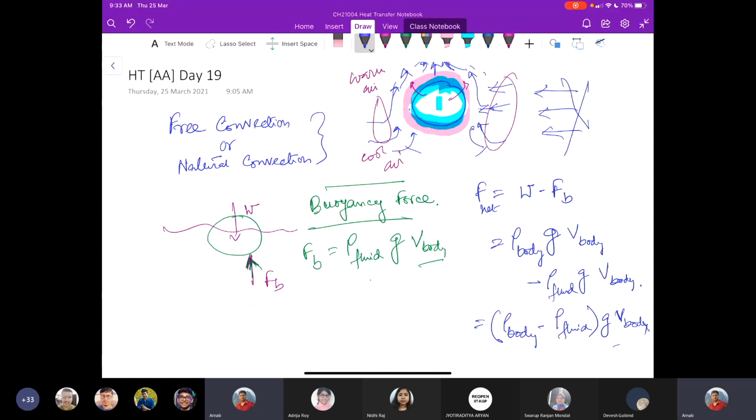So the point is that without this buoyancy, heat transfer between a cold surface and the surrounding fluid would be by pure conduction.